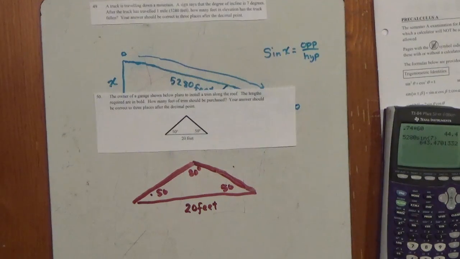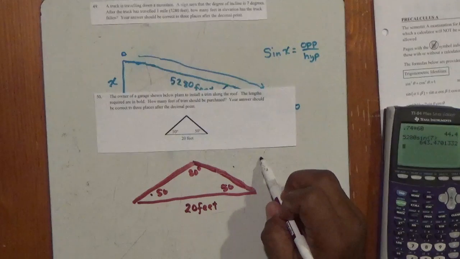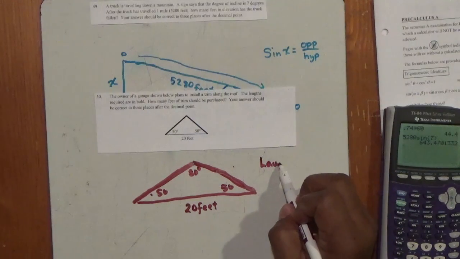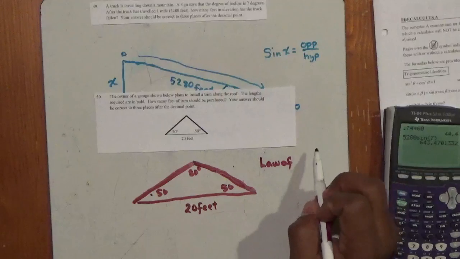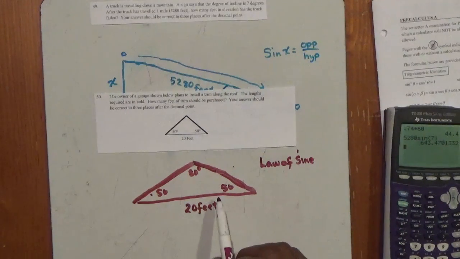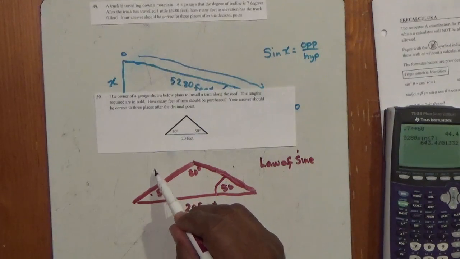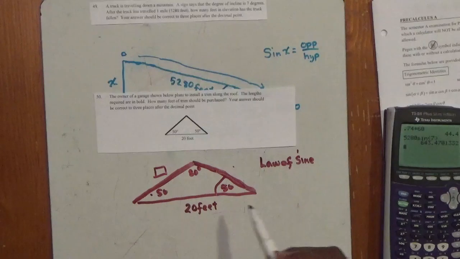So let's figure out what we're going to use in this case. We have the angle, we have the side, and we're going to use the law of sines, not cosines. Let's look for this one, even though they're the same, just choose one.